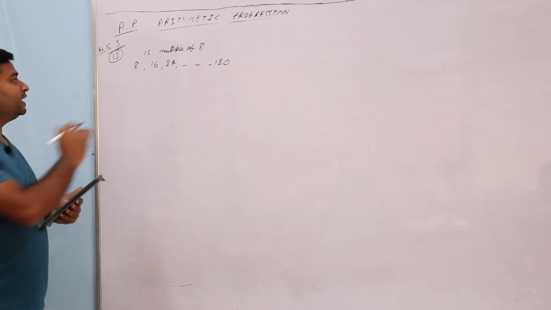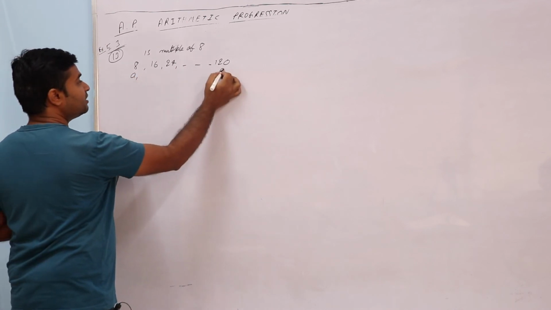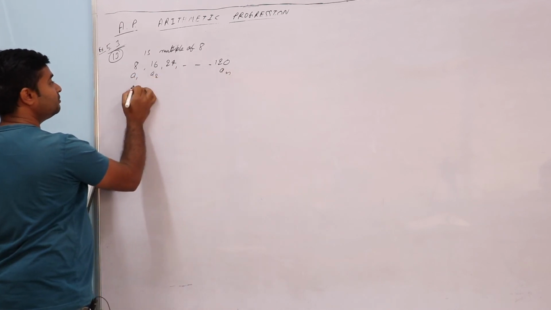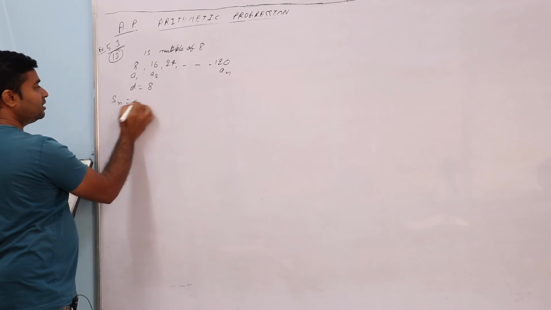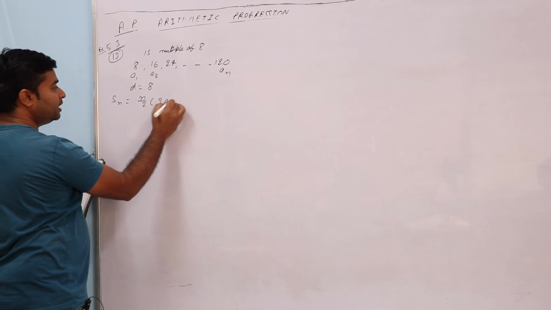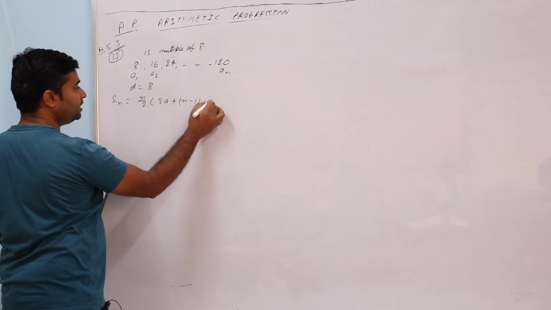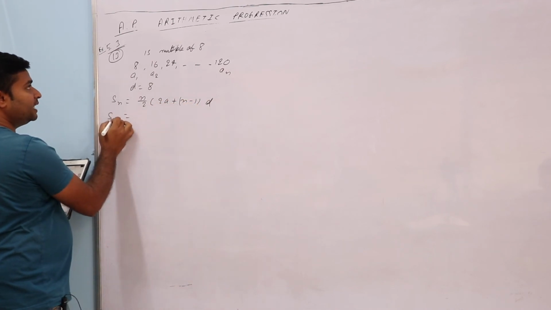See here. We get the first term, we get the last term, we get the second term. So D is equal to 8. So Sn is equal to n by 2 into 2a plus n minus 1 into D. S15 they are asking.